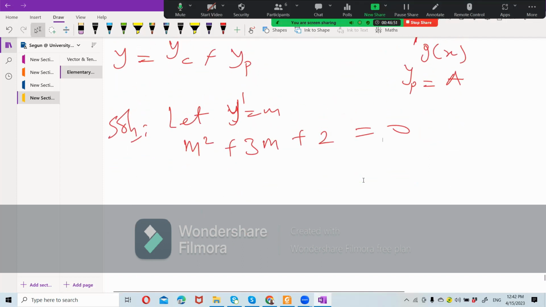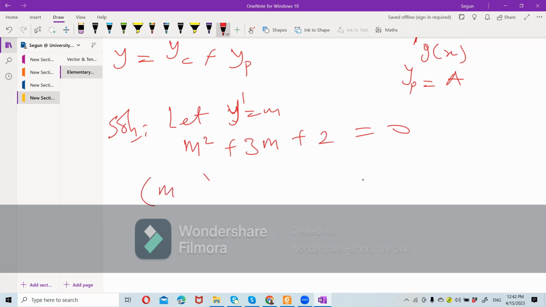Remember, you need m before you can get y complementary. So like I told you the other time, m here. So what do we put? Plus 2, plus 1. Plus 1 equals to 0. m is equals to minus 2 and minus 1.